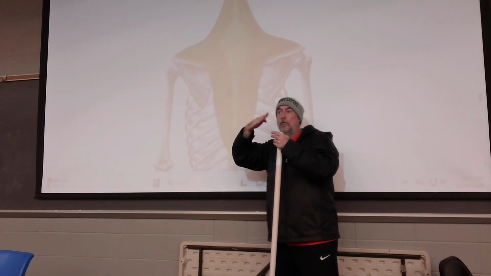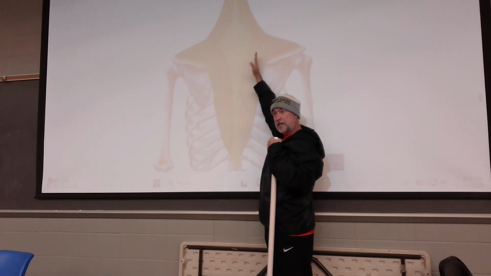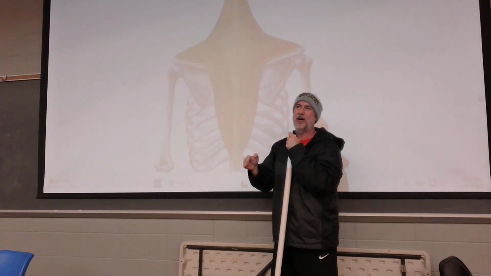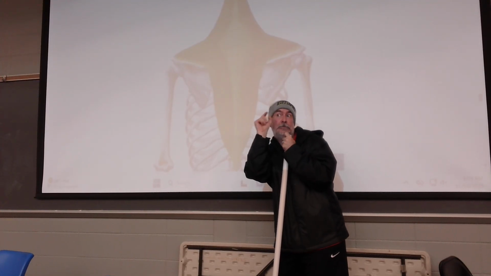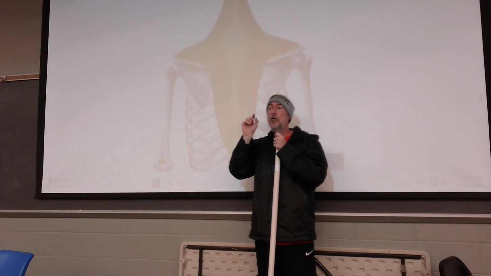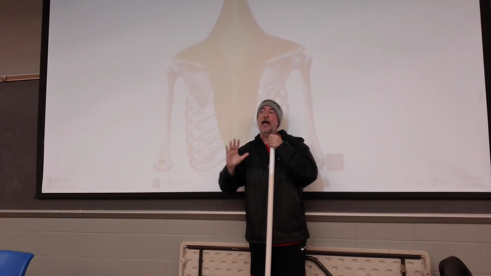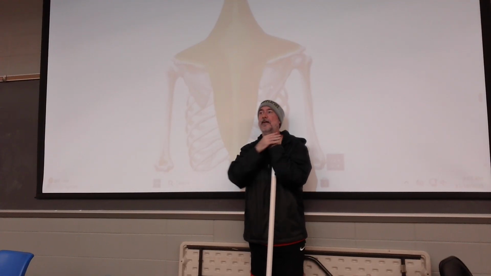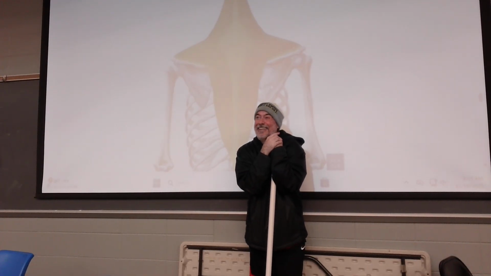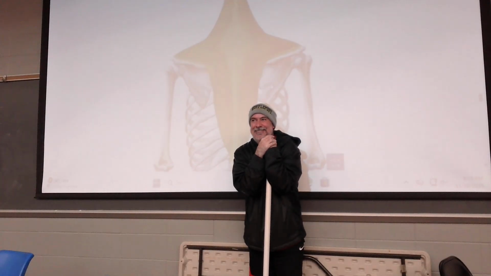Everything on top of it technically is upper, and everything on the bottom is lower. They do have a little bit that's right on the upward and downward rotational axis, but it's too insignificant for me to give it its own credit. Does that make sense? It's a great question.